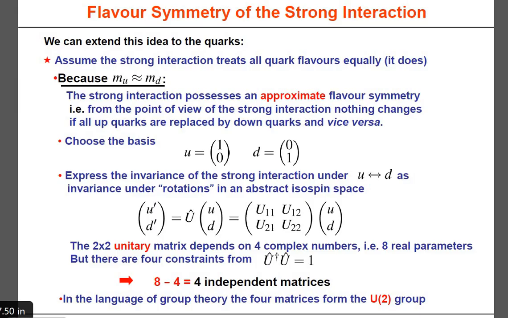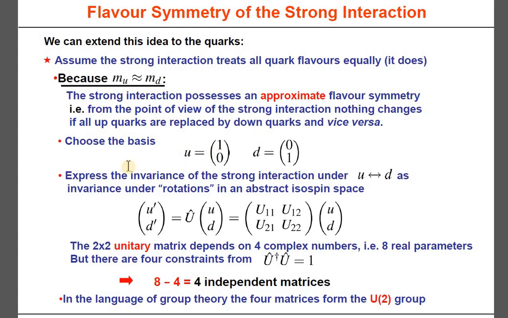Fine. So now let me move forward with the flavor symmetry idea. You see, let us now extend this idea forward. As I've already mentioned before, we have a case of approximate flavor symmetry. Which means that from the point of view of the strong interaction, nothing really changes if all the up quarks are replaced by down quarks, and so on and so forth.